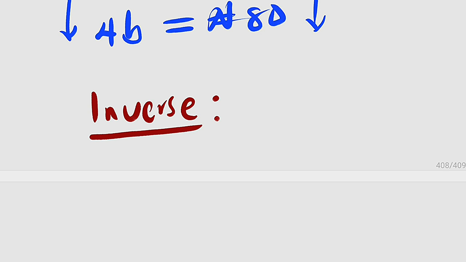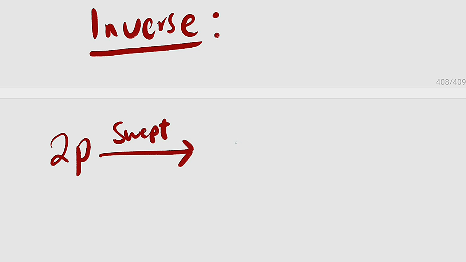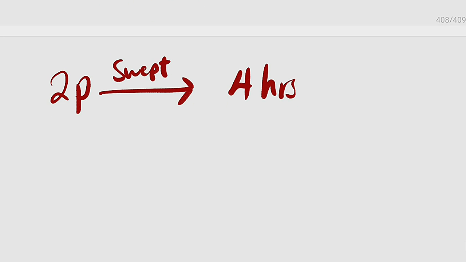So let me give an example of this. Suppose we have two people here, that sweep a class, maybe in 4 hours. So what do you expect when you increase the number of people? Suppose we increase this to 4 people doing the same work.